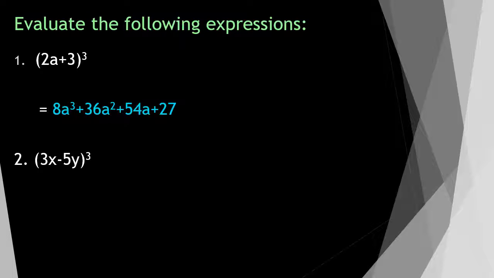Proceeding to our second example, quantity 3x minus 5y quantity cube. Again, since the negative sign is on the last term of the binomial, the cube of the binomial has a negative sign, so we follow the second formula of the cube of a binomial, where the negative signs are located on the second term and on the fourth term.